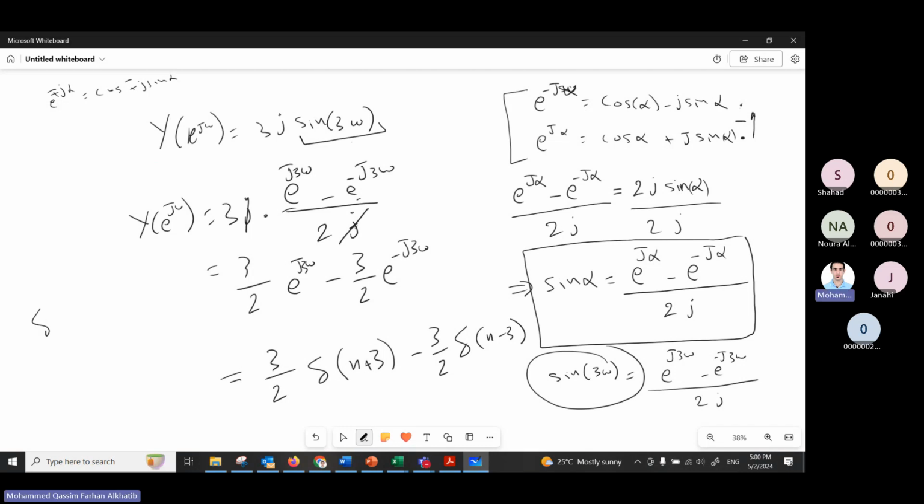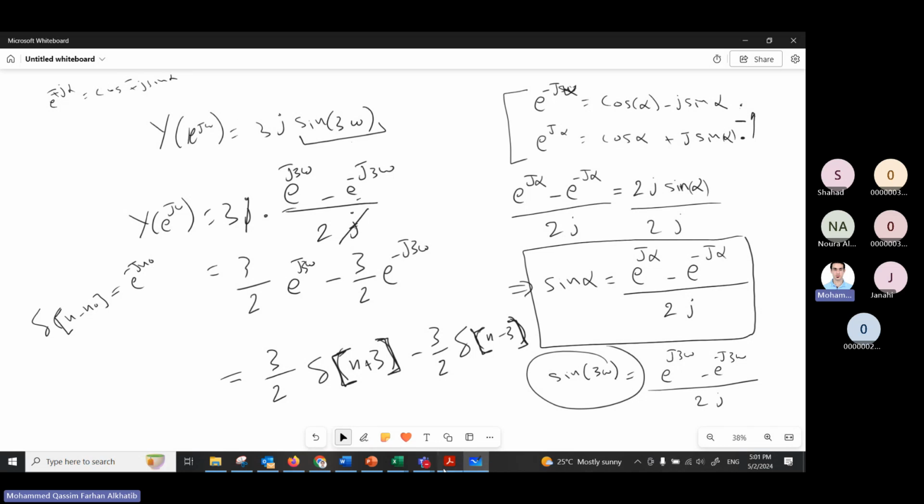Because delta of n minus n naught corresponds to e to the power minus j omega n naught. Okay, let's not forget the basics. And that should be the answer.